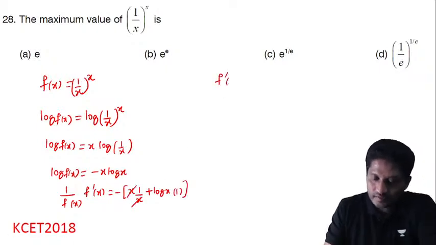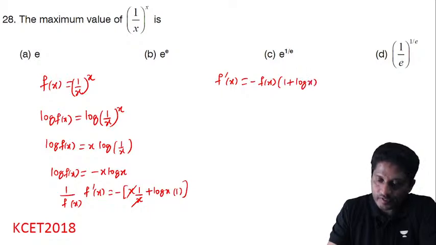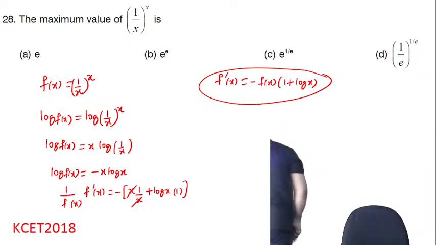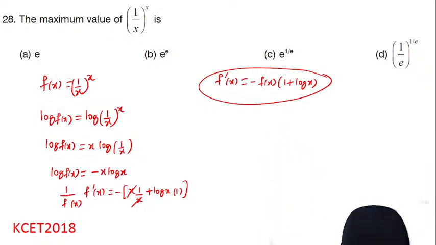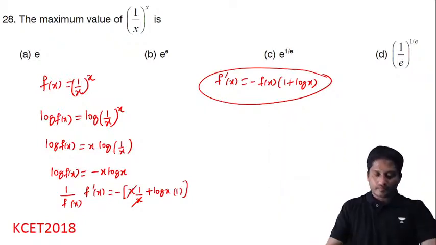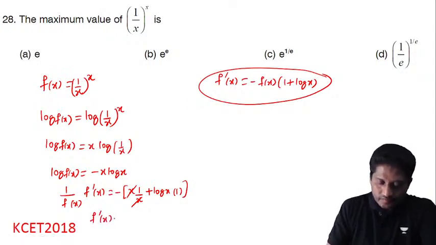If I cross multiply, f dash of x is equal to minus f x into 1 plus log x.